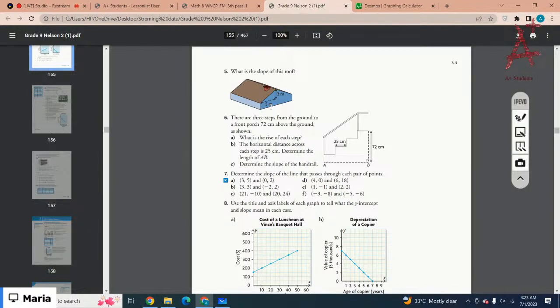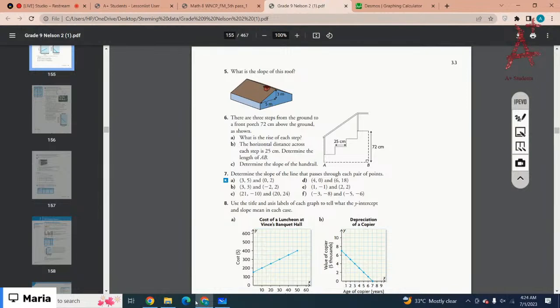For A, you have to calculate the rise of each step. You can see from the first step to the last, the height of the stair is 72. And how many steps do we have? 1, 2, 3, 4. 4 steps.